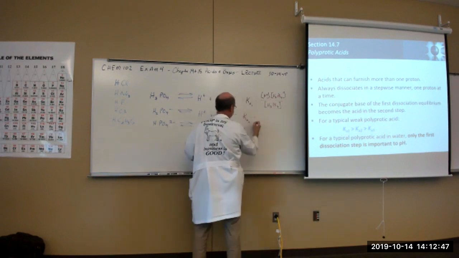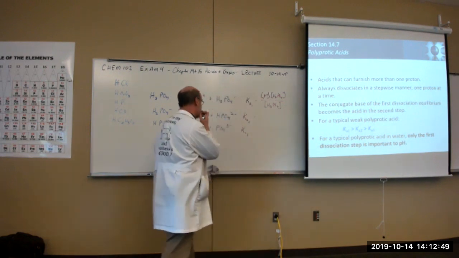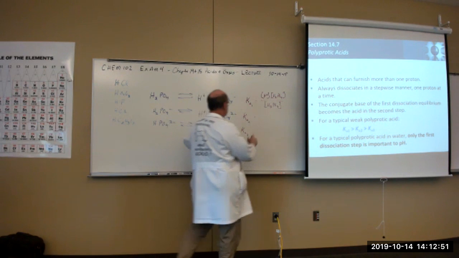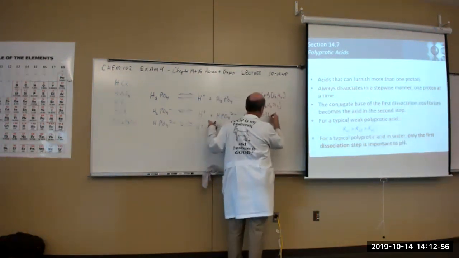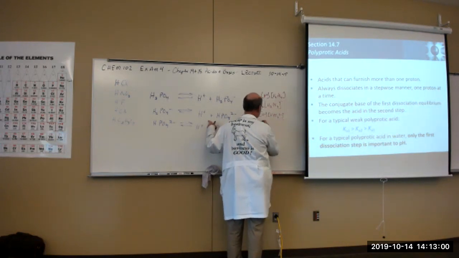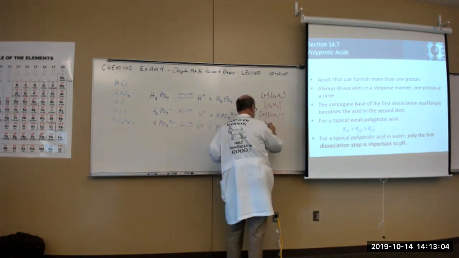And this one would be this one times this one divided by, oops, 3, 2.